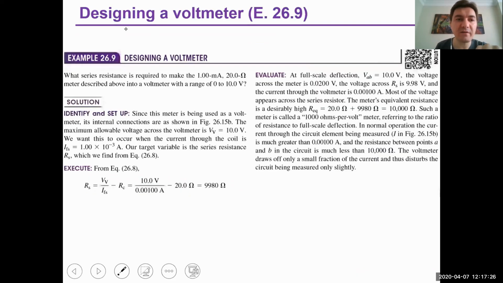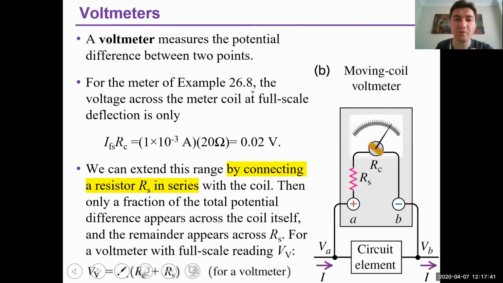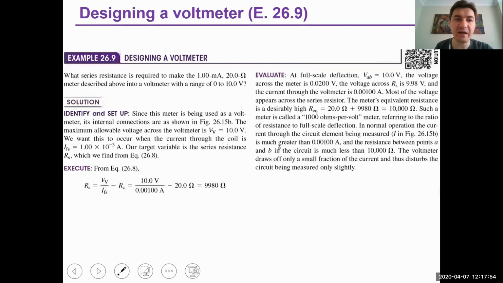So now, let's have a look at another example. What series resistance is required to make the 1 milliamp 20 ohm meter described above into a voltmeter with a range of 0 to 10 volt? Normally, without this additional resistor, this galvanometer can measure up to 0.02 volt. But the question asks, can I design a voltmeter with the same device up to 10 volt?